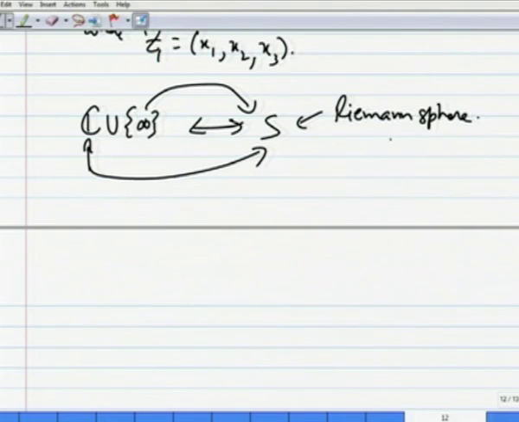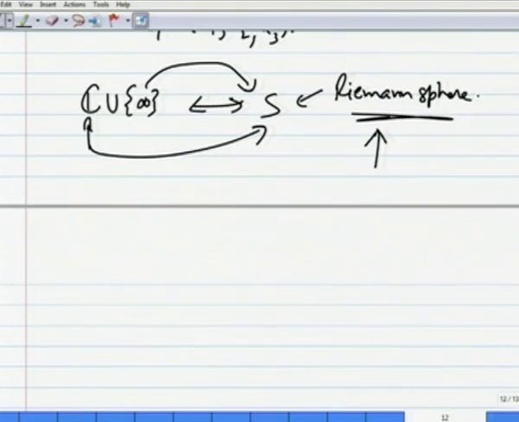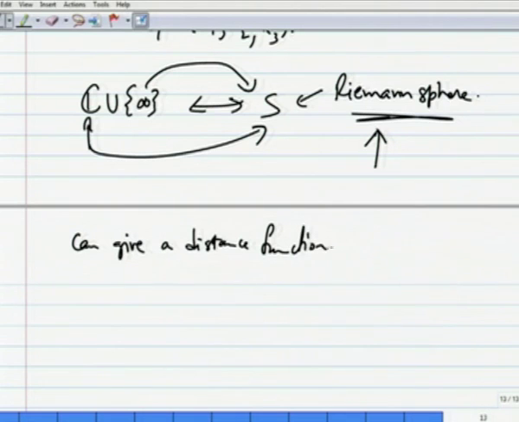Now we can put some distance on this. We can give a distance function on C union infinity.